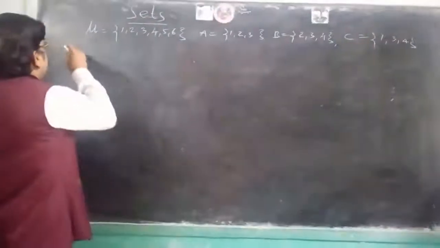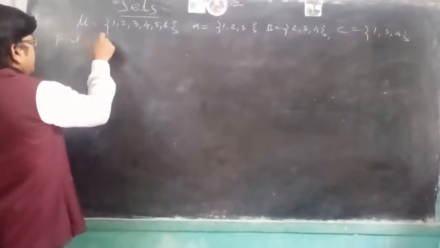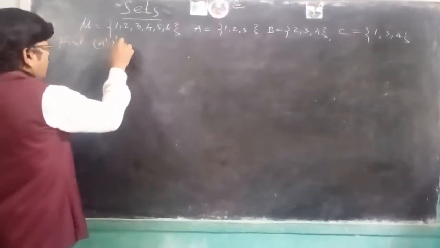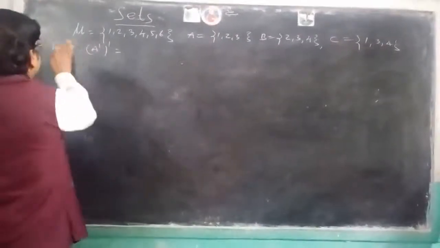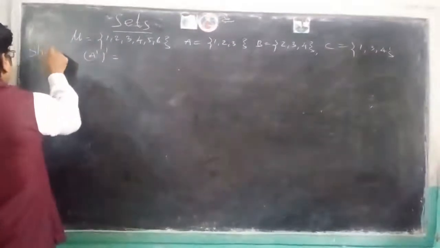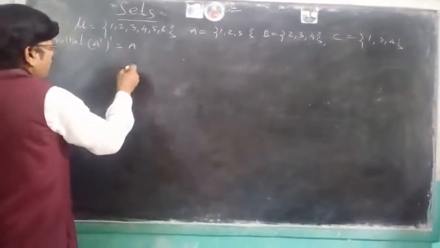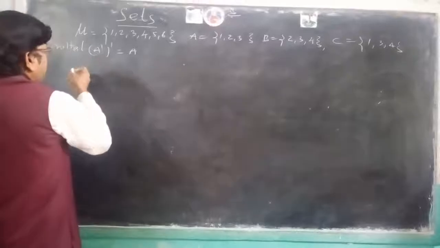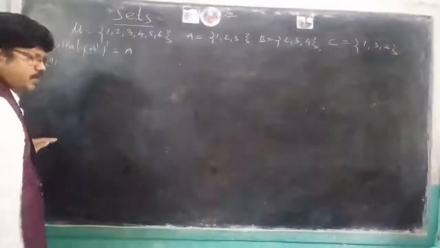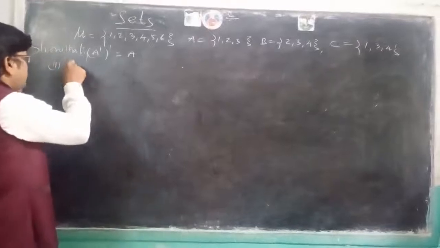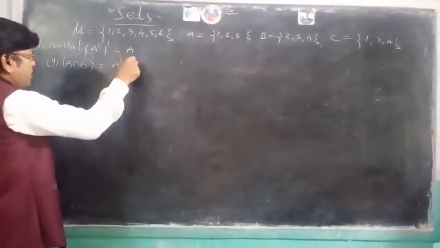Now find A dash whole dash, or show that A dash whole dash equals A. The second one, A intersection B whole dash equals A dash union B dash.